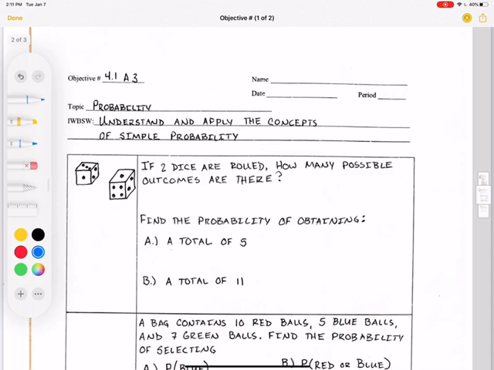Moving on. If 2 dice are rolled, how many possible outcomes are there? Well, there are actually 36 possible outcomes. You could have all of these outcomes. I'll just quickly write them out.